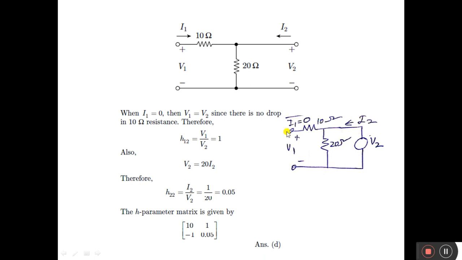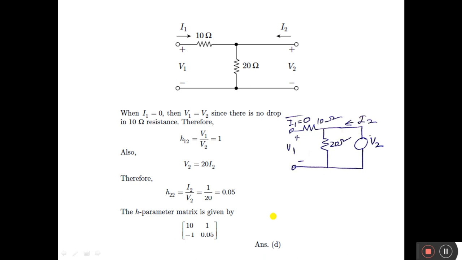Similarly, if you write the loop equation here, only V2 and 20 ohm I2, you can directly get V2 equal to 20 I2. So H22 equal to I2 by V2, that is 1 by 20, 0.05. So I have all the values H11, H12, H21, H22. If you apply the H matrix, option D is the correct one.